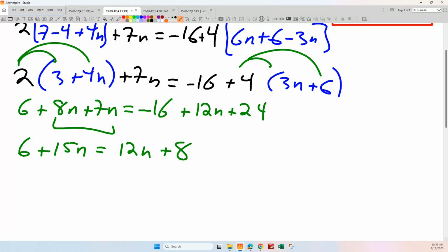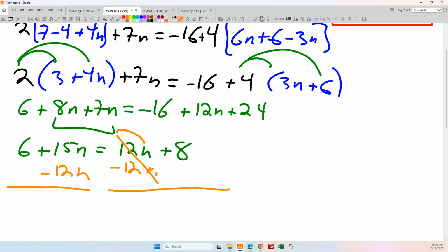Point with your fingers. Which direction am I going to push the n's, to the right or the left? Most people are pointing to the left. I agree. How come? Okay, I mean, it would work either way, but we want a positive number of n's, positive coefficient. Good. So we're going to subtract 12n to get rid of those.